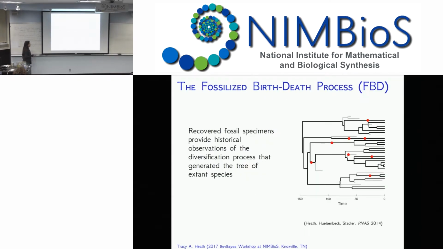So if we look at this, what we're essentially saying is, given that we have this complete birth-death process, and we sample some number of taxa in the present, and we have these fossil occurrences that we've extracted from the fossil record, these occurrences are observations of our diversification process back in time. So as observations, these are actually data.